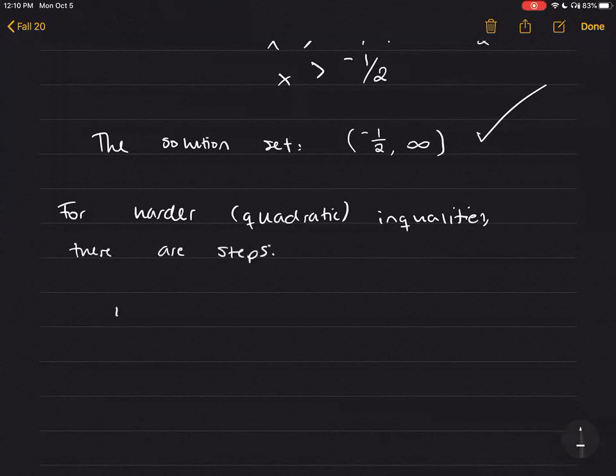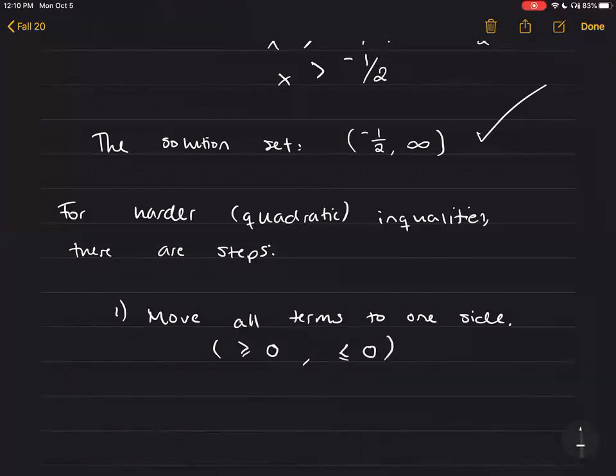So these steps are, 1, first you're going to move all terms to one side. So that means you're going to get something greater than or equal to 0 or less than or equal to 0, right? So we want 0 on one of the sides of the equation.